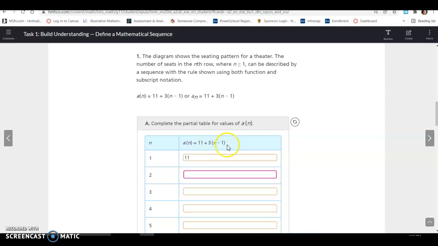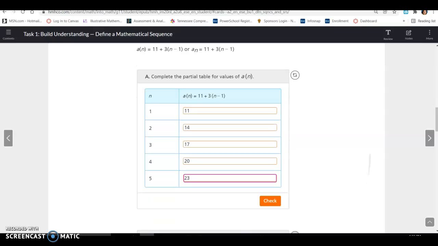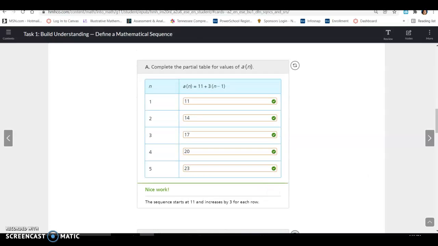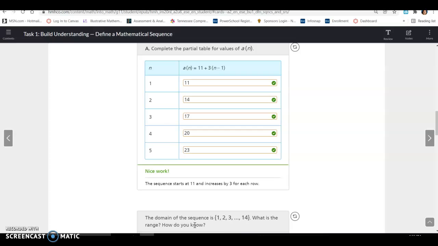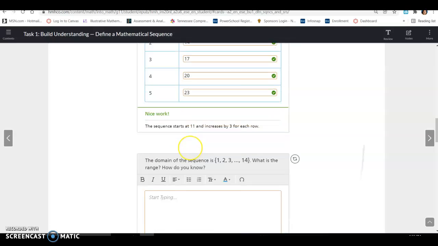And then 2 minus 1 is 1, 1 times 3 is 3, 3 and 11 give me 14, and I continue that pattern by adding 3 each time to get to the next term. All right, and you can check it by substituting 5. 5 minus 1 is 4. 4 times 3 is 12. 12 plus 11 is 23.